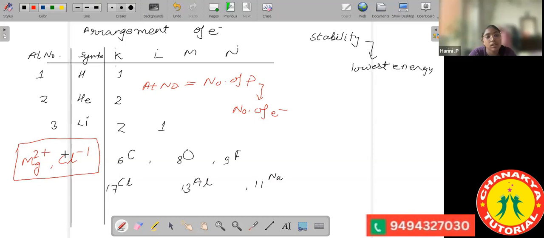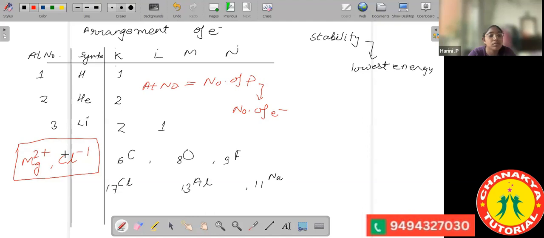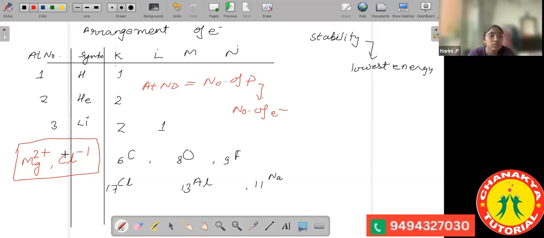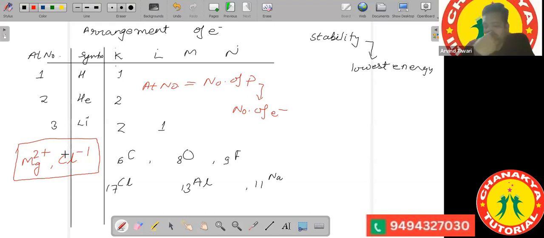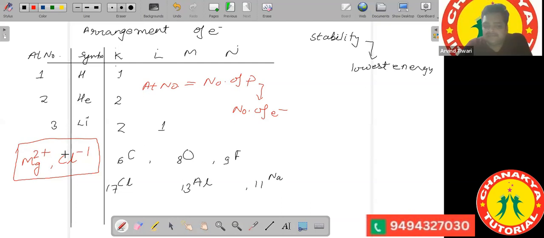Sir, isn't the electronic configuration of Cl and Cl minus 1 going to be the same? No, they won't be the same. Do they have the same number of electrons? No. So they can't have the same configuration.